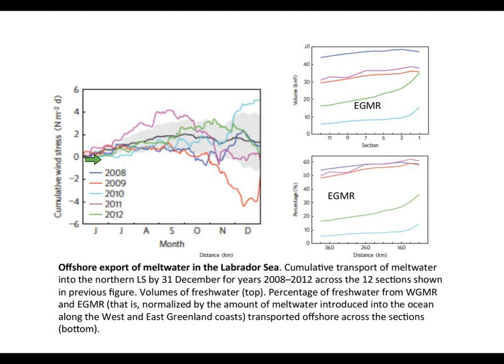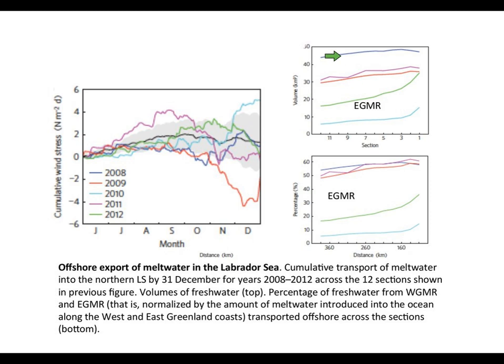When you have downwelling winds, so essentially the cumulative wind stress is negative, you are simply transporting the water north along the coast, and you are not bringing it offshore. And you really need to have the upwelling component to be able to bring the water further offshore.